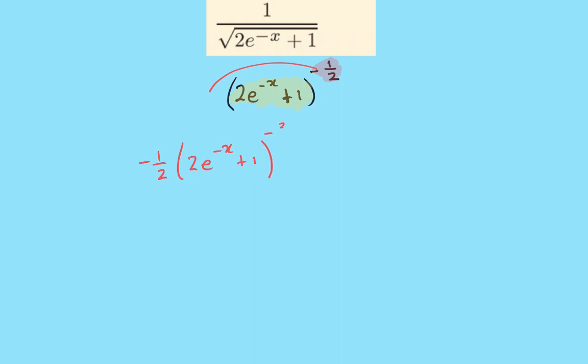Decrease the power by 1. Now differentiate what's inside the brackets. So 2e to the minus x multiplied by negative 1. And just tidying up a little bit.